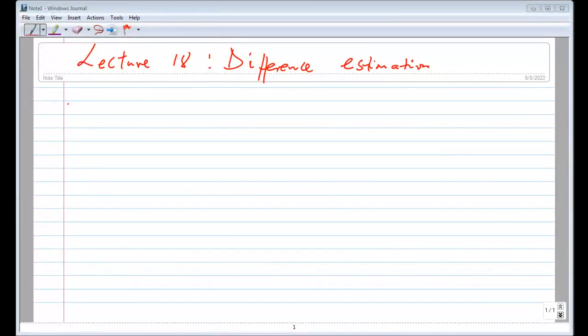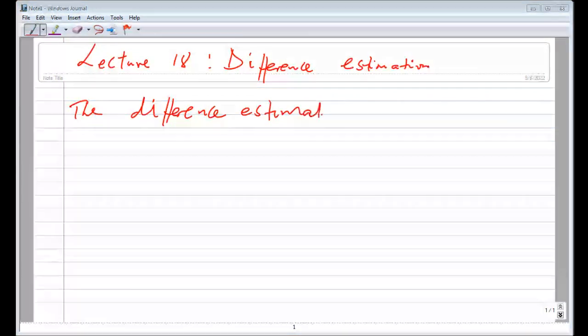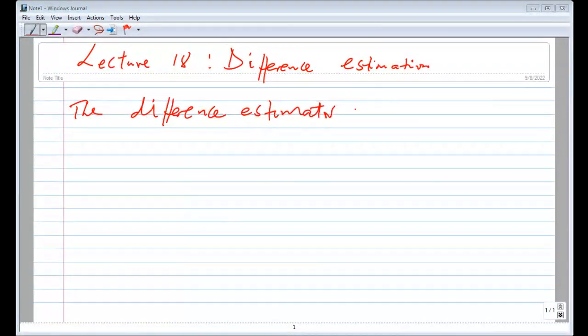The difference estimator of the population mean, which is mu yd, is given by mu yd estimate, isn't it?